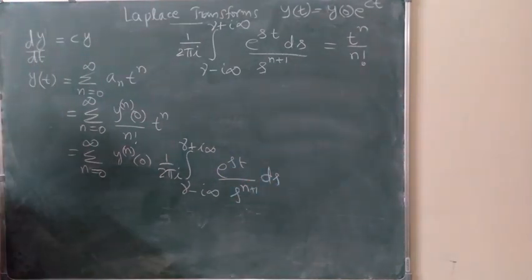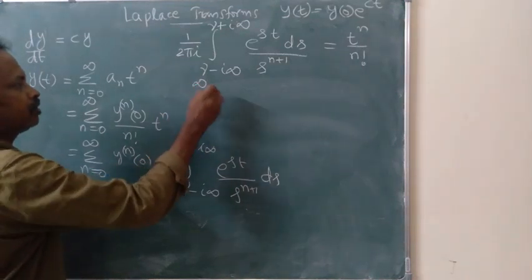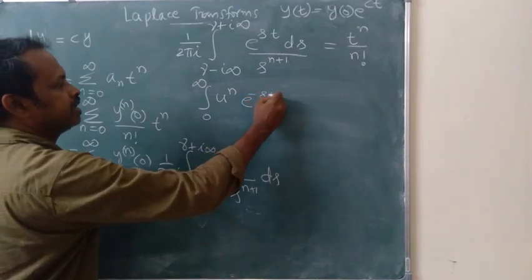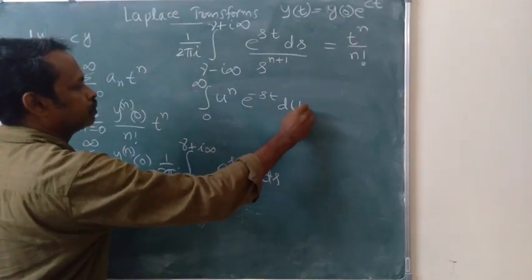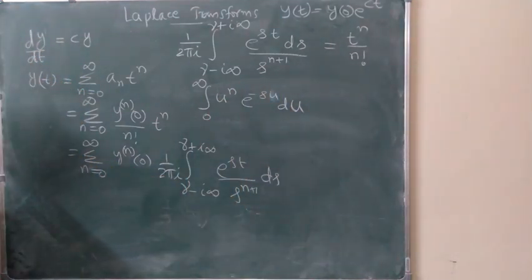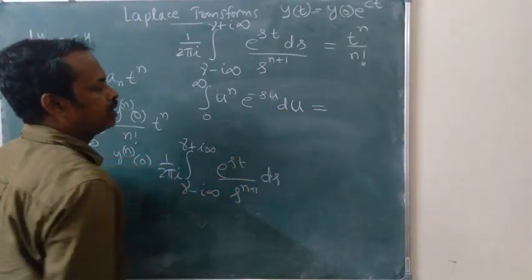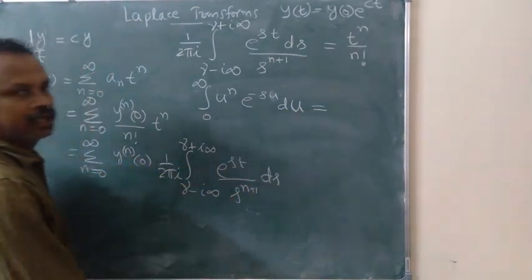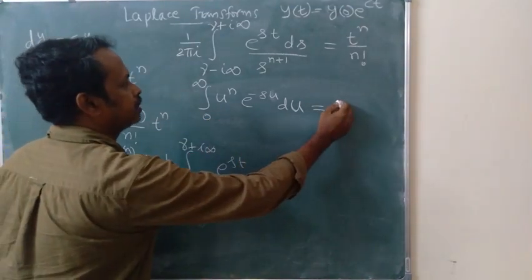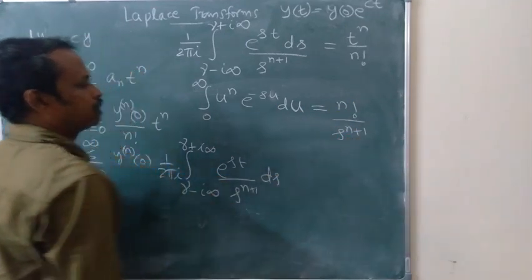Okay. Now we will talk about another integral, which is integral 0 to infinity u to the power n e to the power minus su du. Now some algebra shows that, or by adopting integration by parts, we can see that this is equal to n factorial divided by s to the power n plus 1.